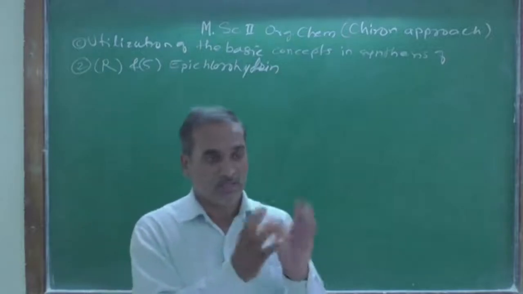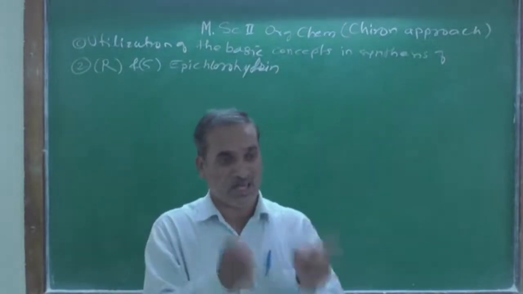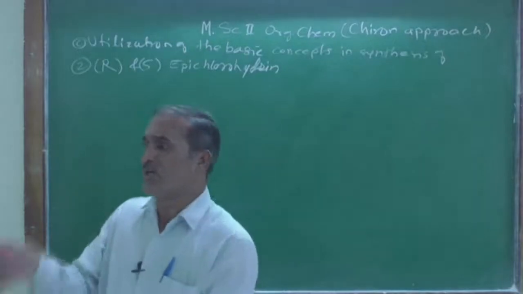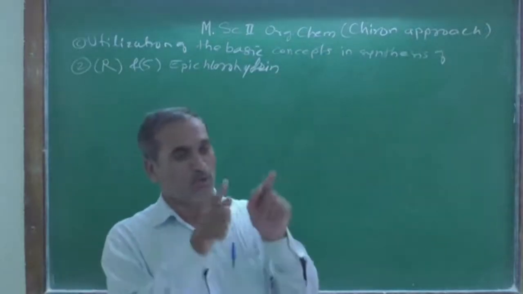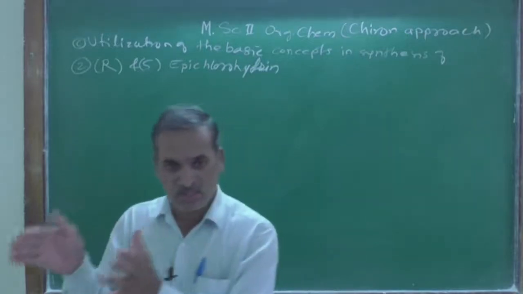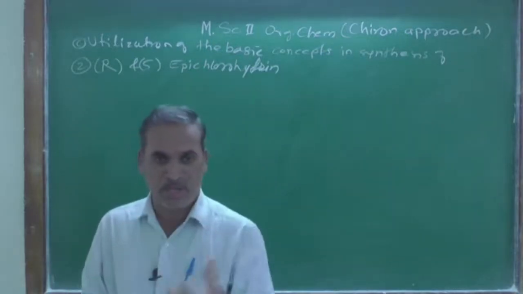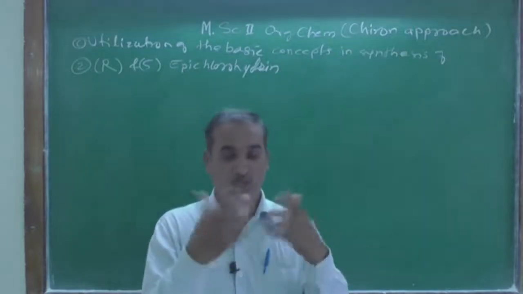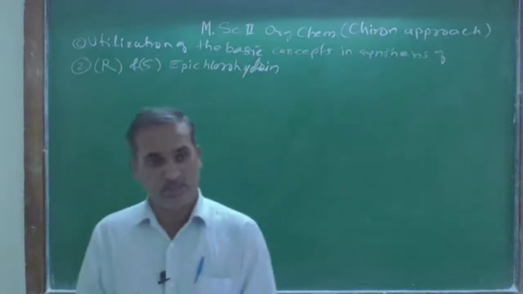And then next one we have used is Raney nickel, and as we know Raney nickel is again a reducing reagent which reduces the aldehyde group into an alcohol, a primary alcohol. And then we have used tosyl chloride in presence of pyridine.